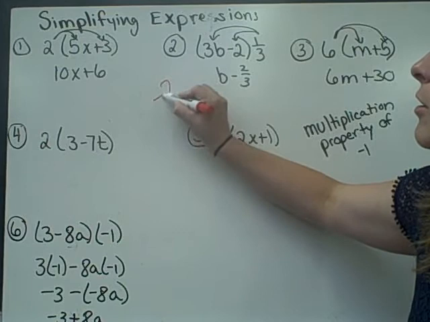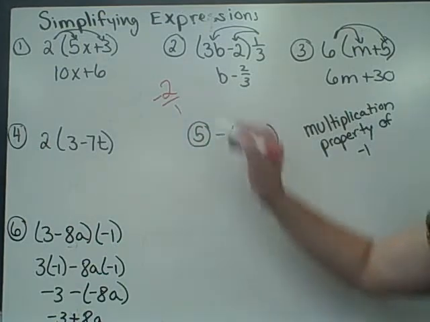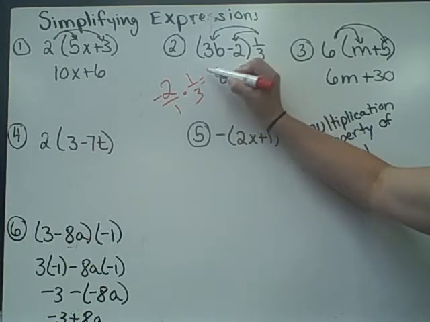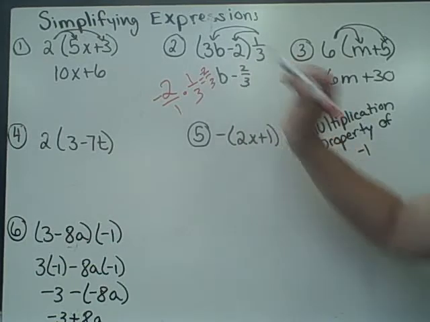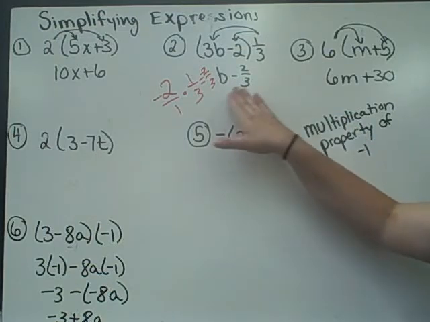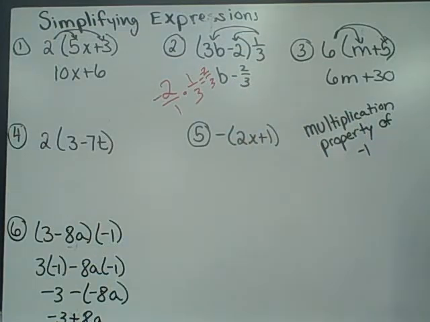Well, -2 I can put over 1 times 1/3. And together, if I multiplied across, I would get -2/3. So I would write -2/3. And because b and -2/3 are not like terms, they're not going to be combined, we're just going to leave it like that. Okay?